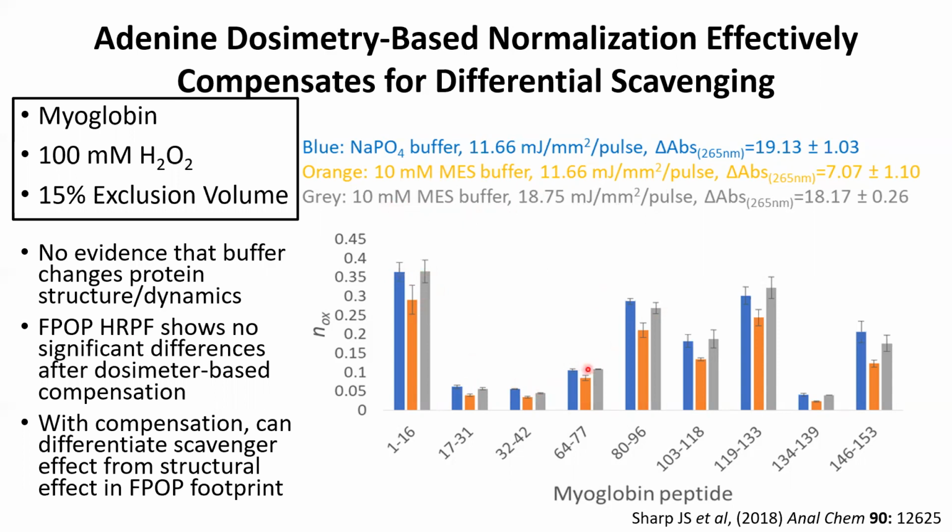Since all of our biophysical data indicate that myoglobin has the same conformation in sodium phosphate buffer versus MES buffer at the same pH, this is telling us we are getting the same footprint for the same structure under widely varying radical scavenging capacities. So this does work, and this allows you to preserve the amount of information that you get from your higher radical doses. And if you use the inline adenine dosimetry method, you can actually make this adjustment in real time.